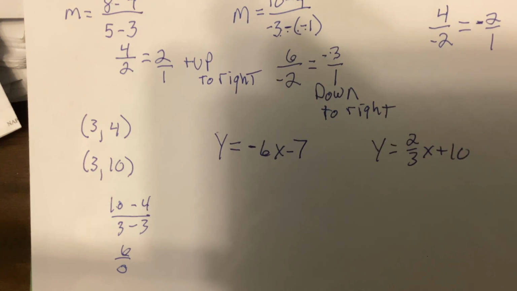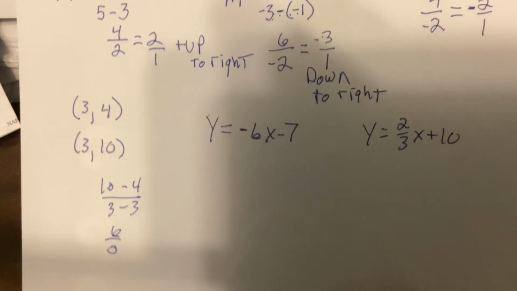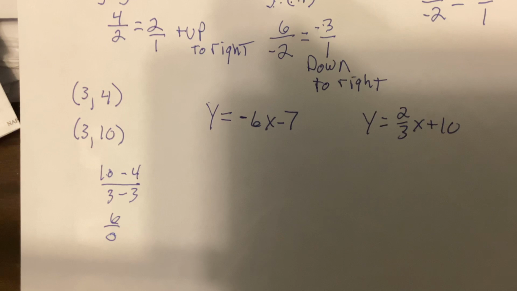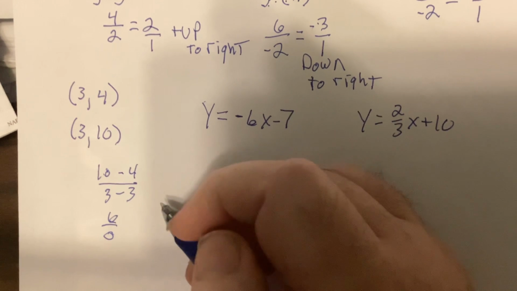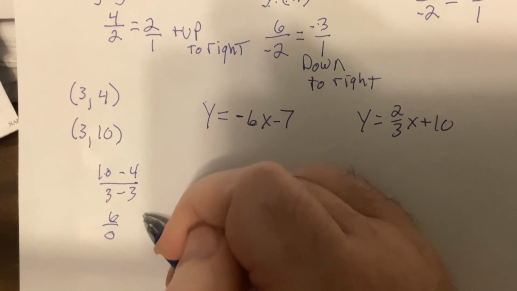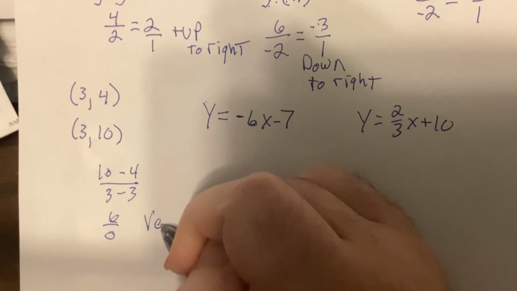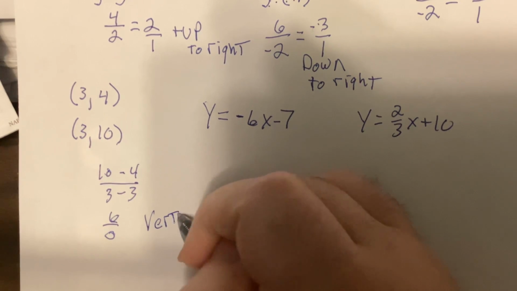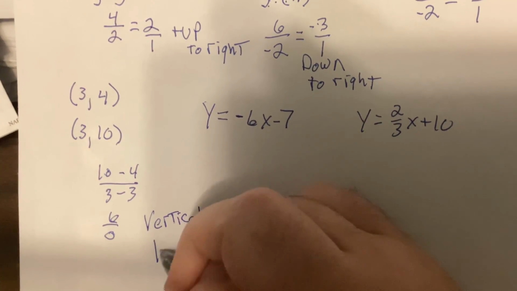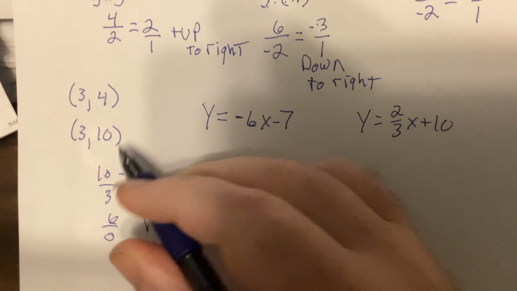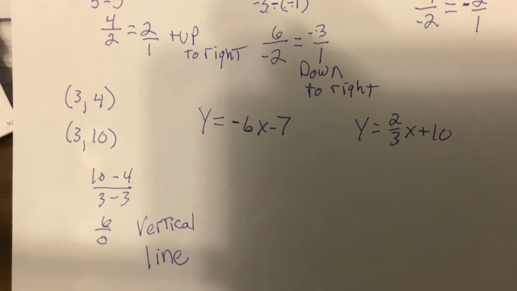That's right. But wait, when we have a line, x equals a number is a vertical line whose slope is always undefined. So since the slope is undefined, I know it's a vertical line. And we'll talk about equations in the future.